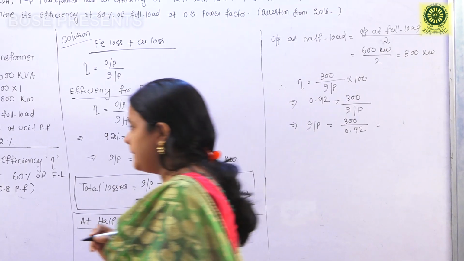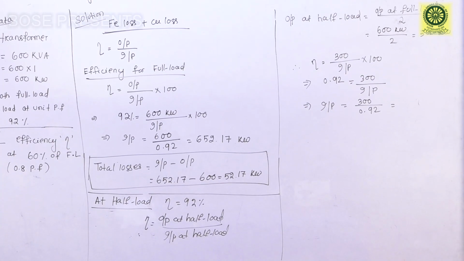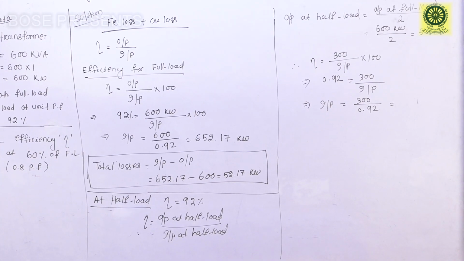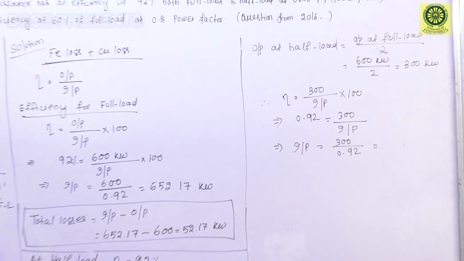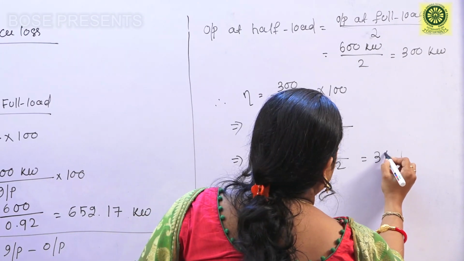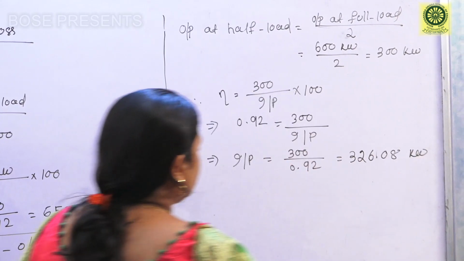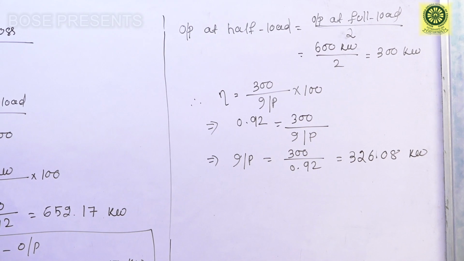So that becomes 300 by 0.92, which becomes 326.08. See, the answer is 326.08 kilowatt. Always losses are in kilowatt.